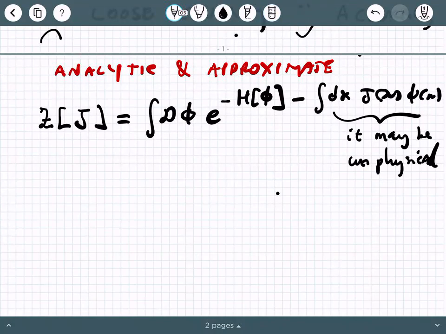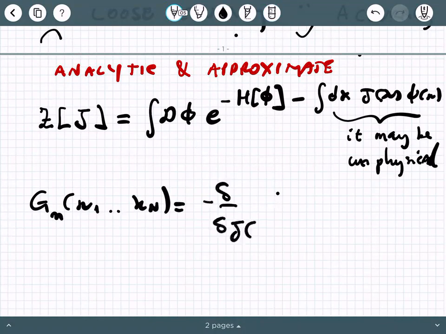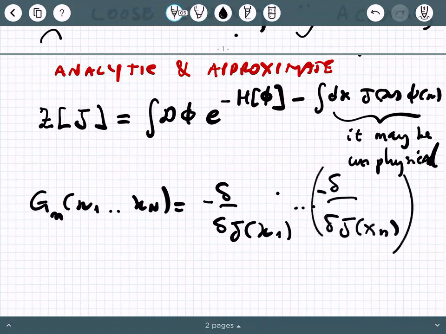In fact, typically n-point correlation functions can be obtained by taking n times the functional derivatives with respect to the external sources. The negative sign comes from a negative sign here.